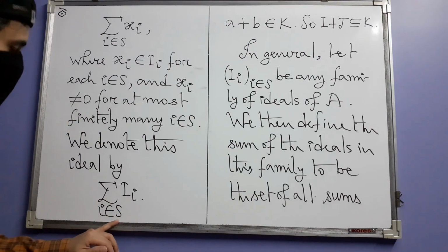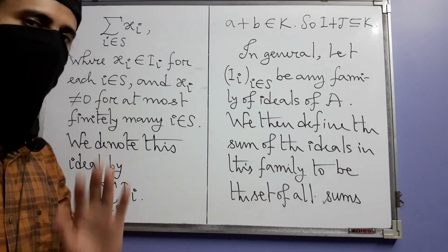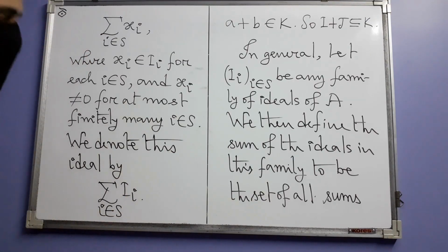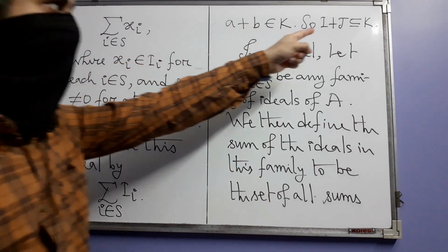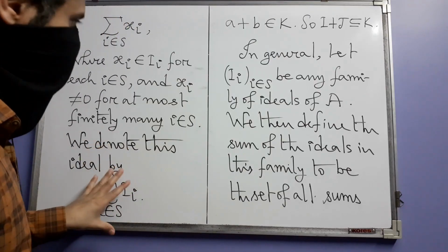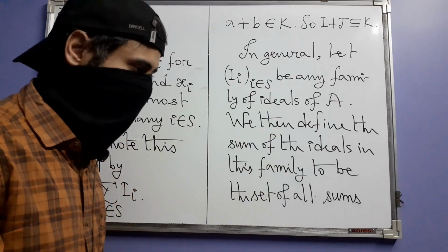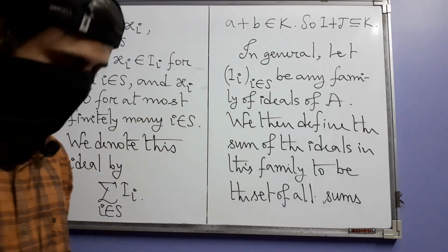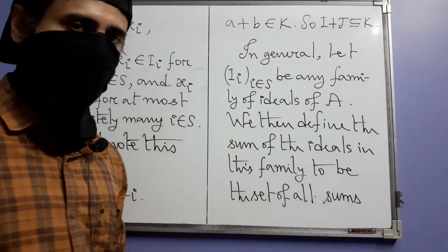If it's understood what S is and where i is varying, you can just simply write the sum of I_i. That will also mean the same thing. And just like I plus J is the smallest ideal containing both I and J, this is the smallest ideal containing all these I_i's. And that fact also can be established just like how we did for I plus J.